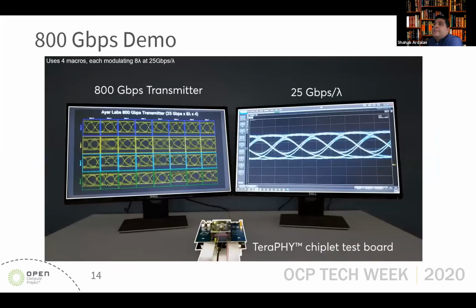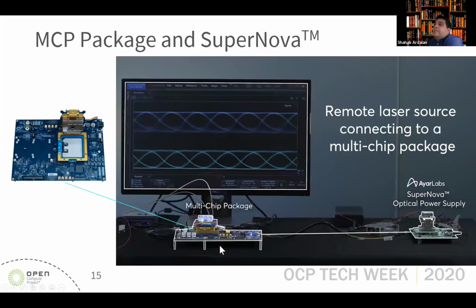This is 32 different eye diagrams for just 4 macros, and each macro is using 8 lambda at 25 gig, which we demo at 800 gigabit per second on the single die package. And we have the same demonstration for the multi-chip package with the FPGA from Intel and the laser source from Ayar Labs, which is SuperNova. And the TeraPHY is already 2 TeraPHYs inside this package with the FPGA.